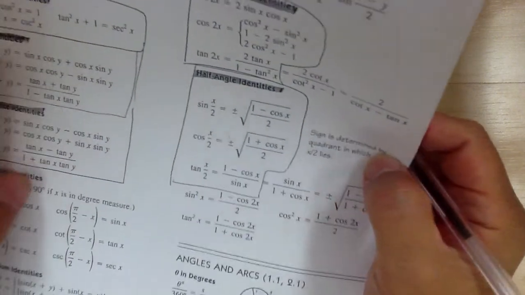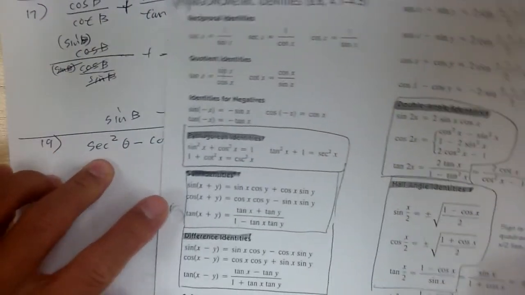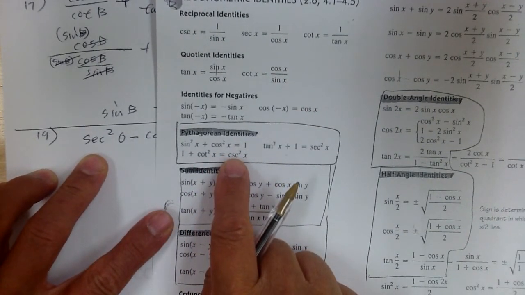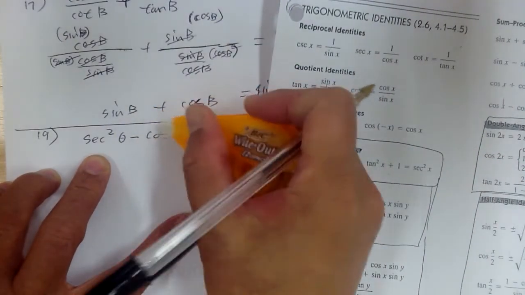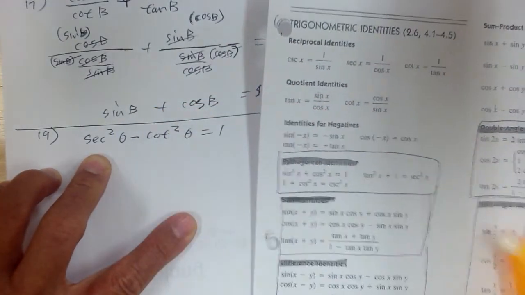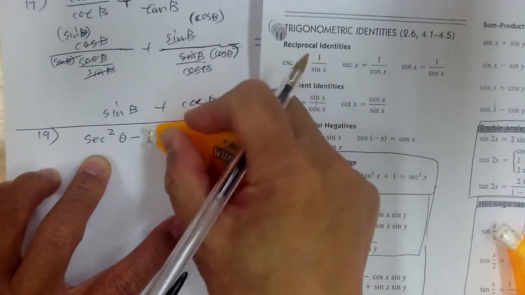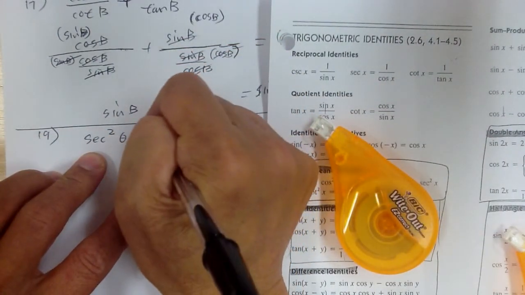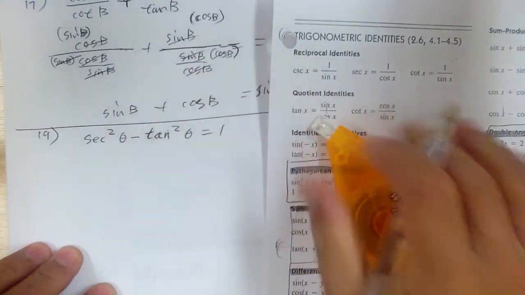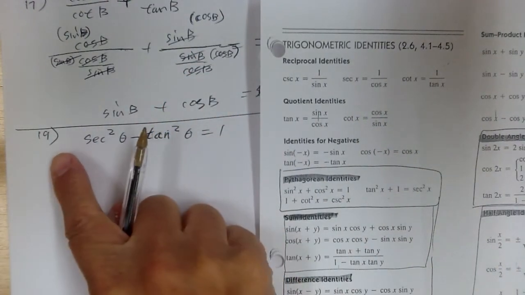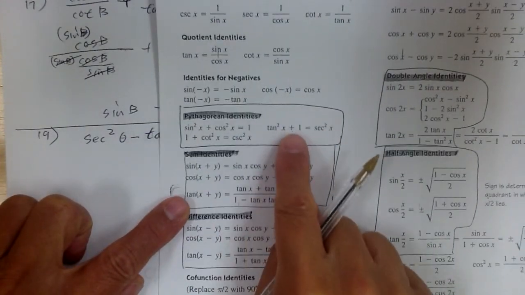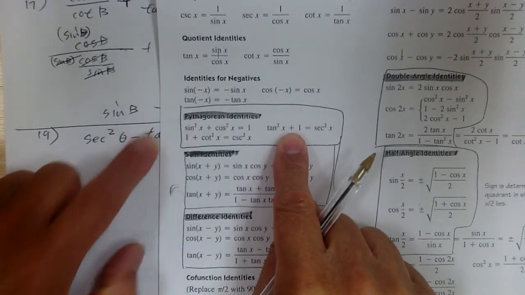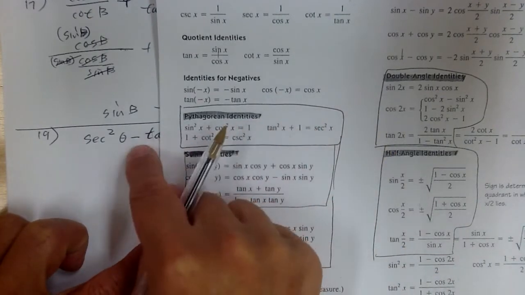Notice that sometimes you see this kind of situation, it's very tempting to use this to substitute, but you cannot do it. You cannot use the identity itself to prove the identity.